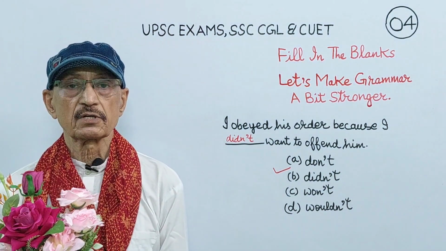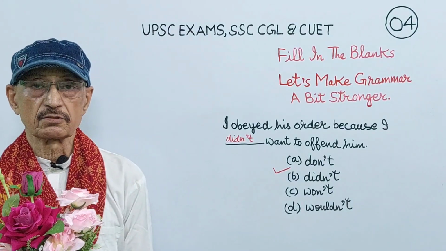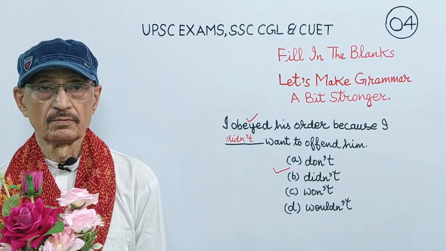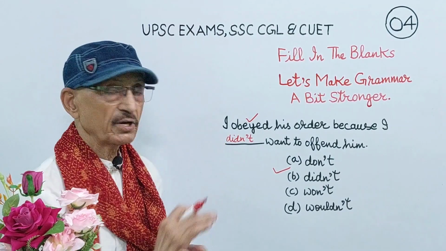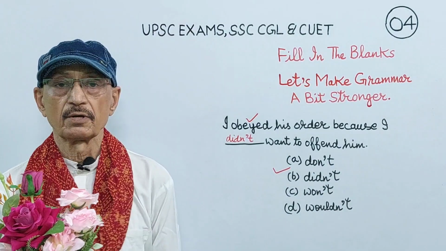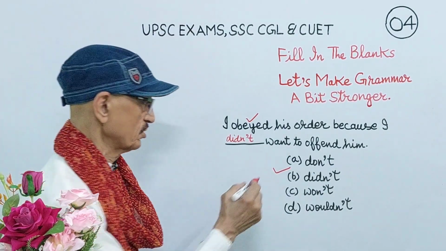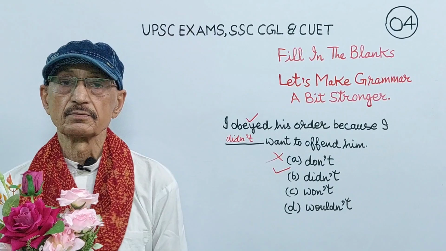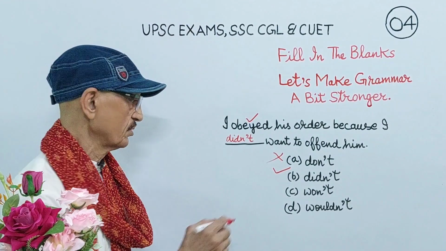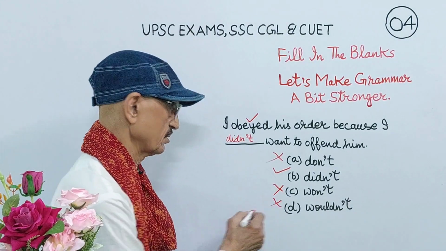I will now tell you the reason why you will take didn't. This indicates simple past tense. So, this helping verb or auxiliary should be in past, didn't. So, don't is wrong. Similarly, nor can you take won't or wouldn't.